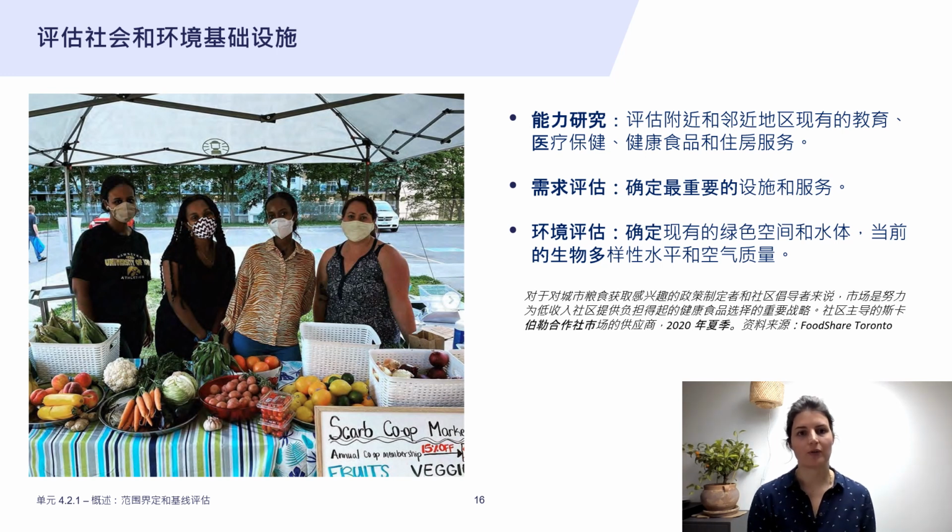The provision of education, healthcare, healthy food, and housing services in the community and in neighboring areas should also be assessed. The analysis aims at identifying the most important amenities and services and how much these are provided. These also include the assessment of current biodiversity levels, green space, water bodies, and air quality.